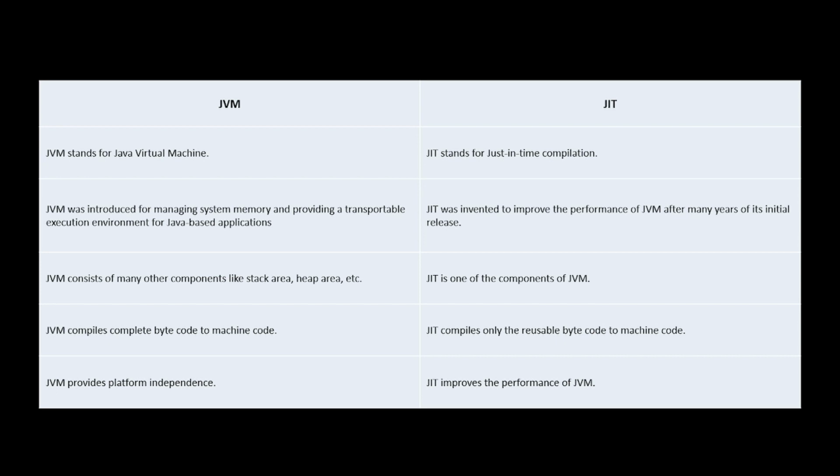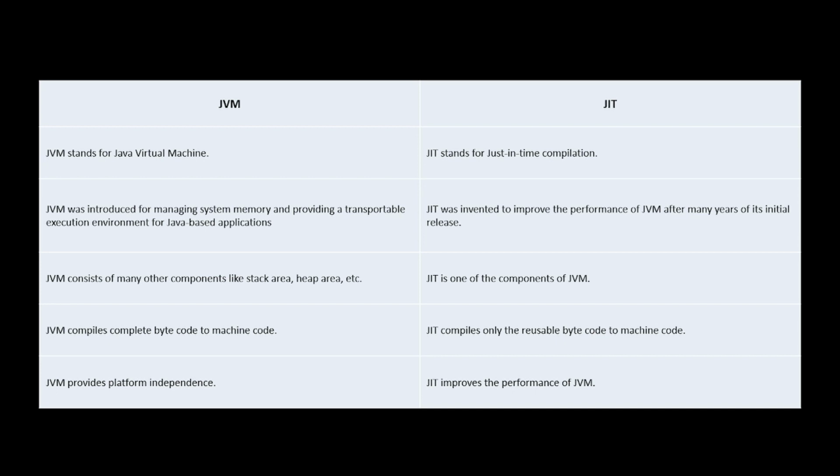The JVM consists of many other components like the stack area, heap area, and also the JIT. The JIT is one of the components of the JVM, so the JIT is part of the JVM.